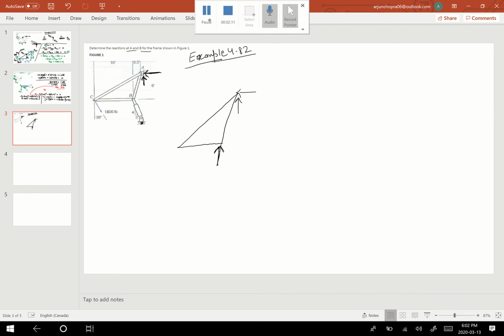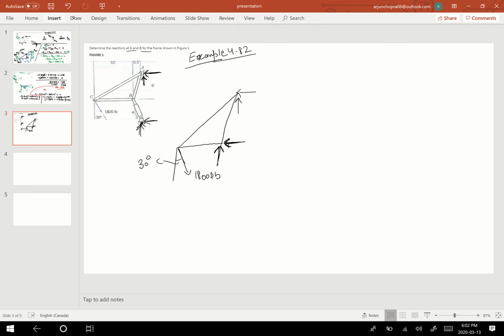You can draw it at this point also, that's going to give you the same answer, but I'm going to draw it at this point. I'll show you why later on. And then there is a load acting in this direction. This is 1800 pounds, and this is acting at an angle of 30 degrees. This angle given to us is the 30 degrees angle.